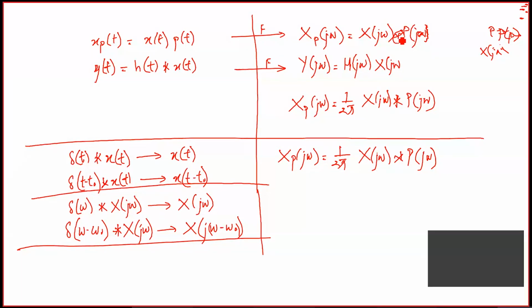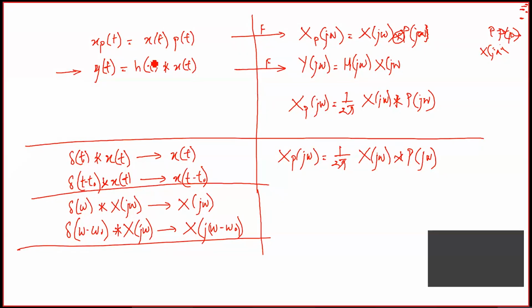One formula we have already seen for convolution is that if you have convolution in the time domain and you take the Fourier transform throughout, then this convolution changes to multiplication. This is what we already know.